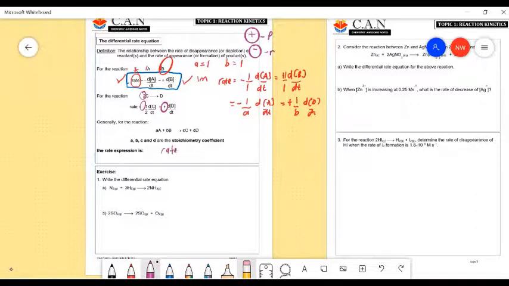So, rate equal to negative 1 over A dA over dt equal to negative 1 over B dB over dt equal to positive 1 over C dC over dt equal to positive 1 over D dD over dt.